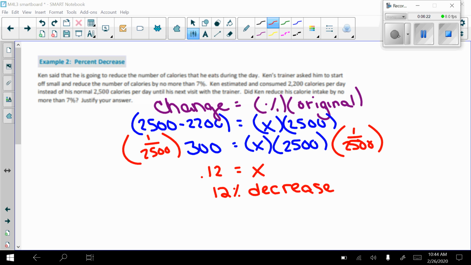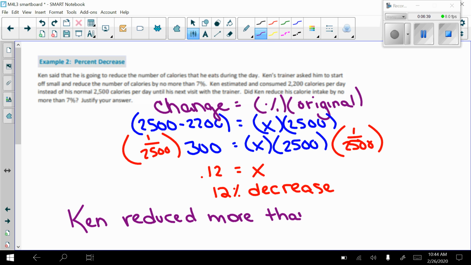It says, did Ken reduce his calorie intake by no more than 7%? So Ken reduced more than 7%. And we justified our answer by showing the work.